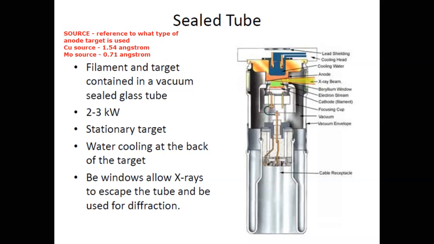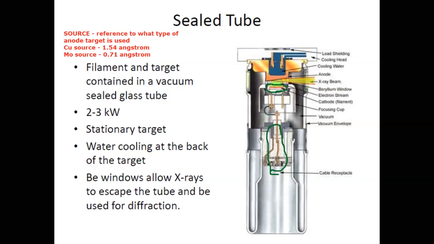Over here, we have a very high energy plug that plugs into this tube, like 100,000 volts. And we have this cathode filament, which is typically tungsten. So this high energy comes in, it excites the tungsten filament and produces electrons.